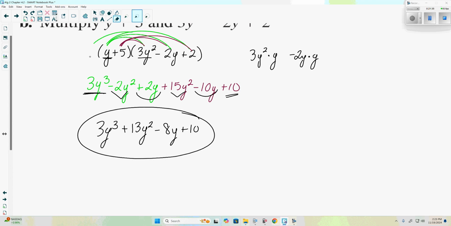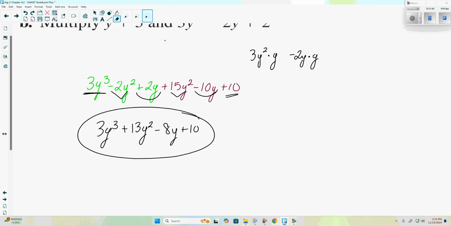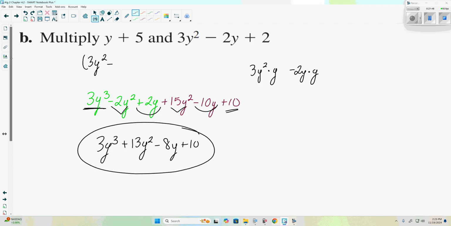So if instead of writing it this way, we wrote it as 3y squared minus 2y plus 2 times y plus 5, we'd still just do the same thing, because it'd be 3y squared times y. Then we'd have 3y squared times 5, which would still give us our 15y squared. It's the same thing, it's just flipped. Does that answer your question? Okay.